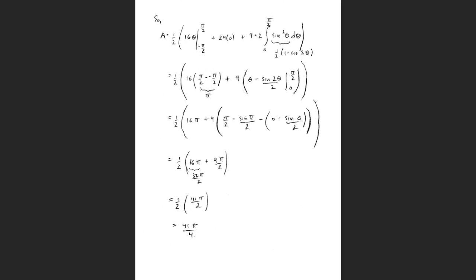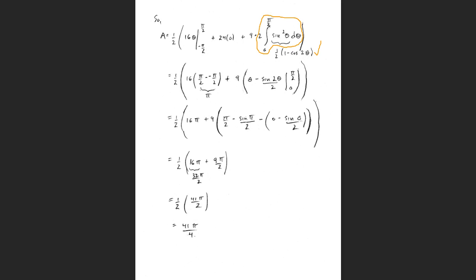Here's where I put in that integral, 2 times the integral from 0 to pi over 2 of sine squared theta d theta. And I have to use a trig identity for sine squared of theta. Sine squared theta is 1/2 times the quantity 1 minus cosine 2 theta.